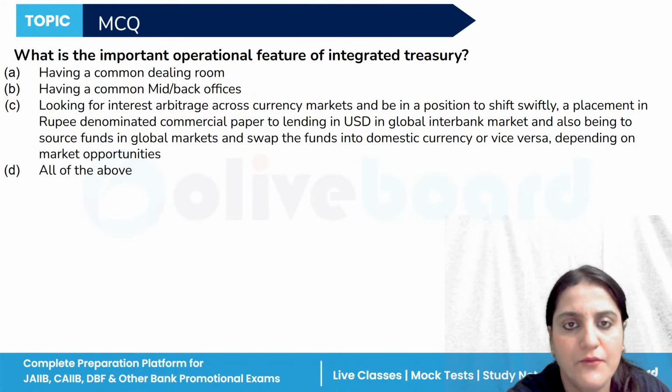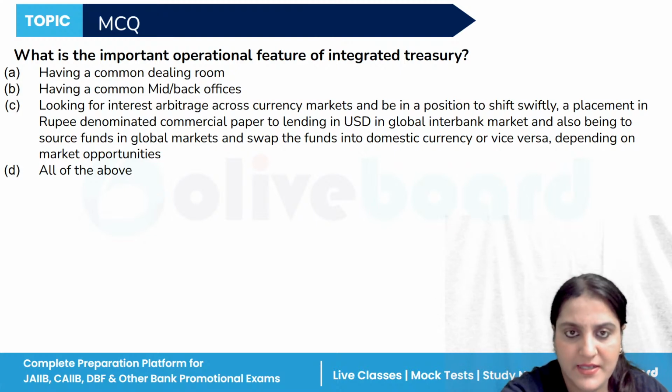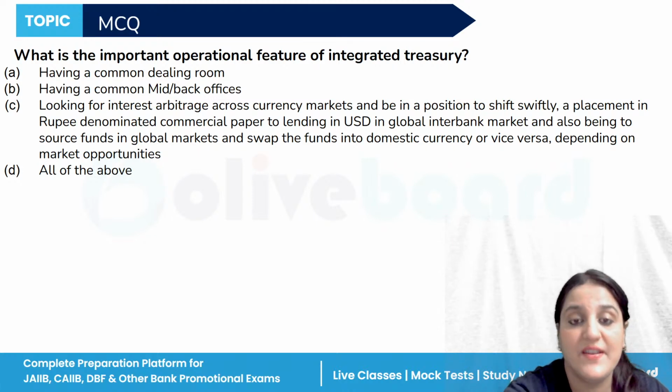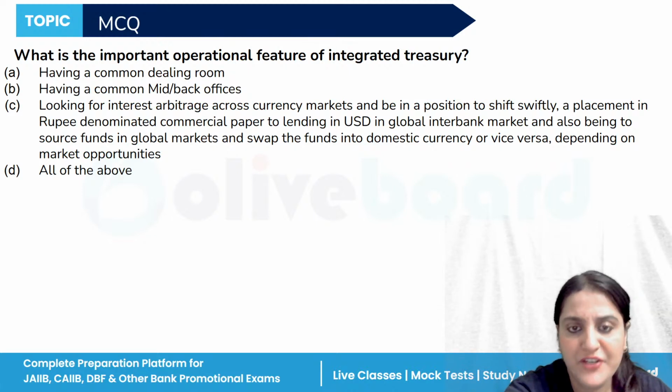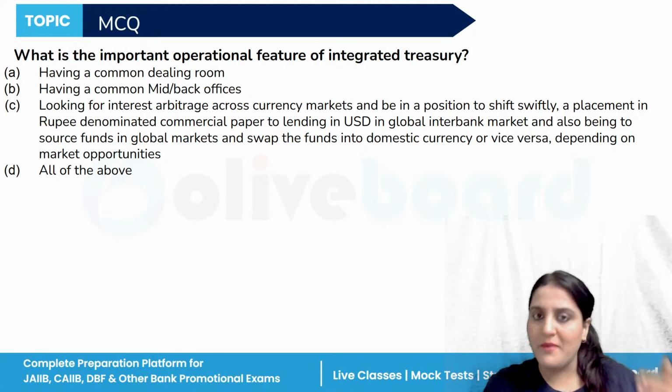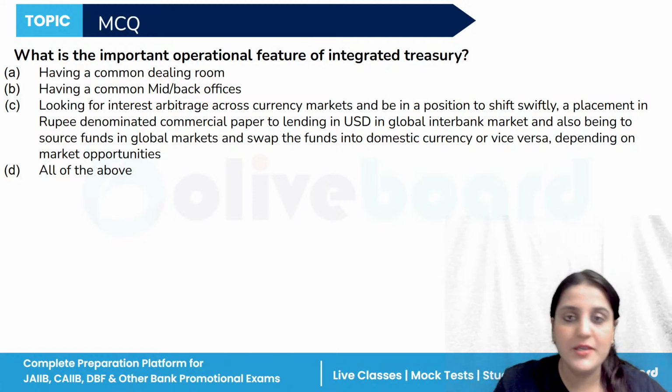Which is an important operational feature of integrated treasury? An integrated treasury in banking involves multiple operational features that enhance its efficiency and effectiveness. Having a common dealing room is an operational feature of integrated treasury.